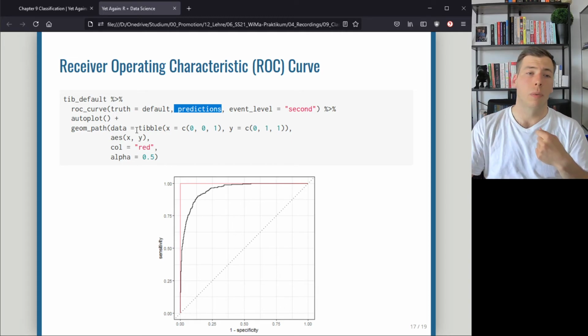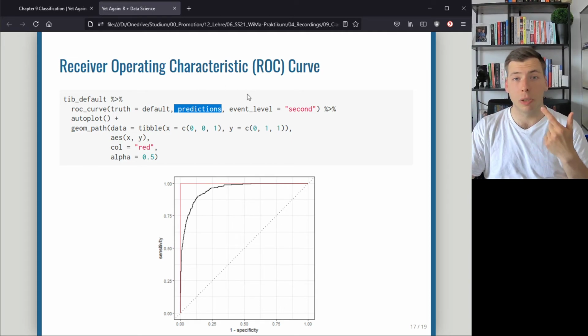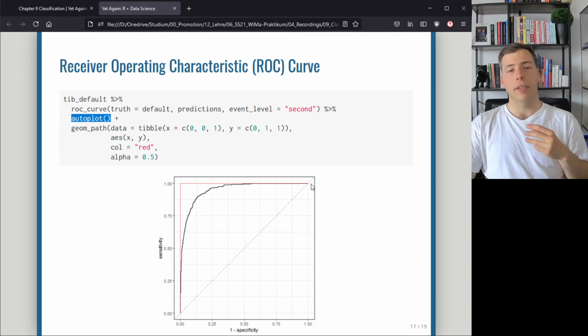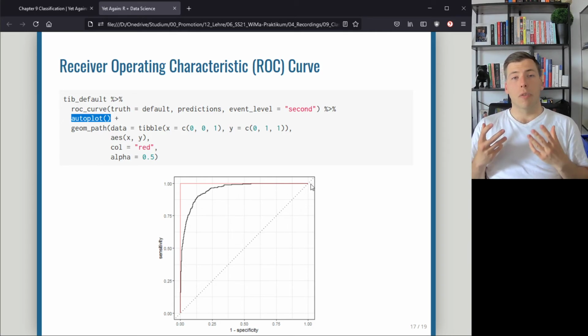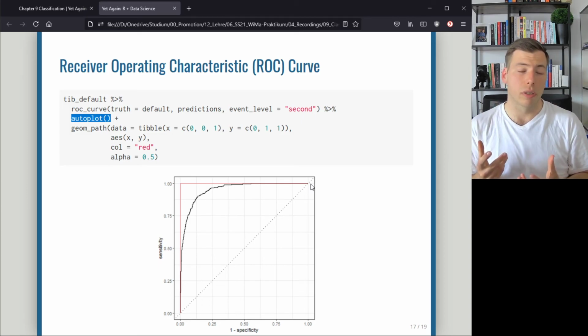Then you can use the tibble you get back to call autoplot, and this will create this ROC curve, which plots sensitivity against 1 minus specificity. You will always get something monotonic like this, the black line here. This is an overall picture of our classification performance.